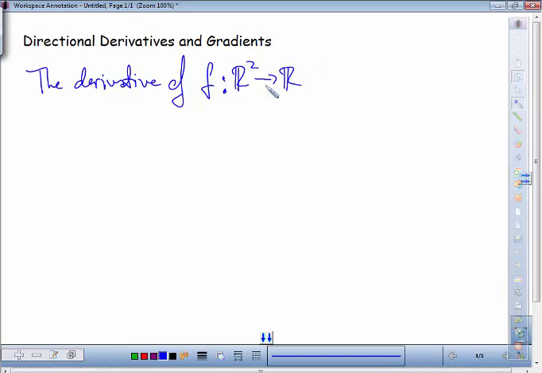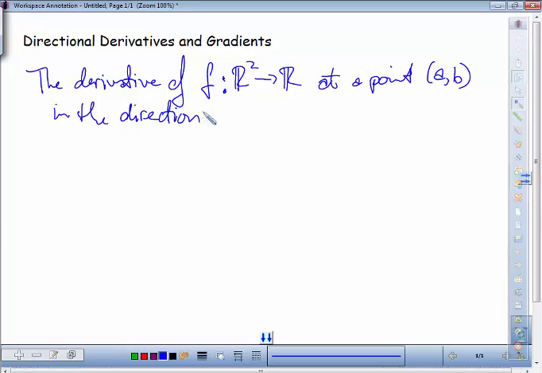So a derivative of this function at a point doesn't have to necessarily be at a point, but usually when we're talking about directional derivative, we're talking about at a specific point. And then for directional derivative, you need a specific direction that you're going towards.